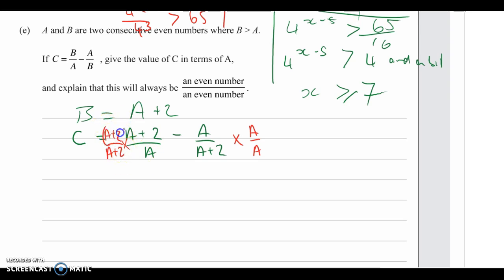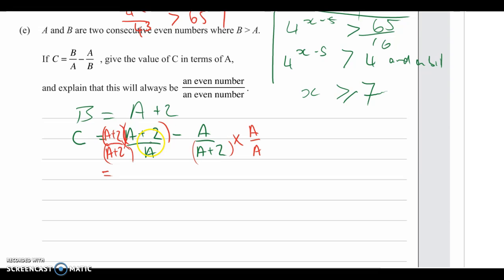Now remember, there are brackets around here. Don't just go timesing the ones that are next to each other and leaving the rest out. Okay, so you need to make sure you are timesing all the right things in. So let's do the multiplication.